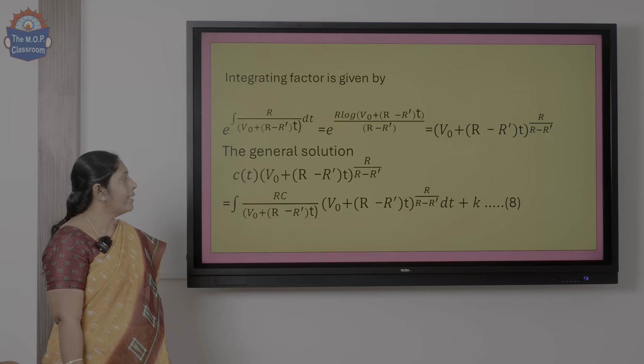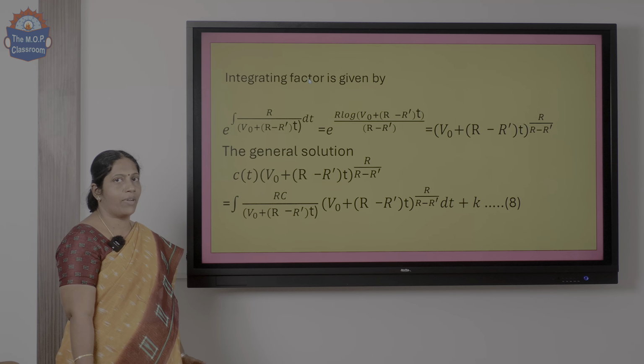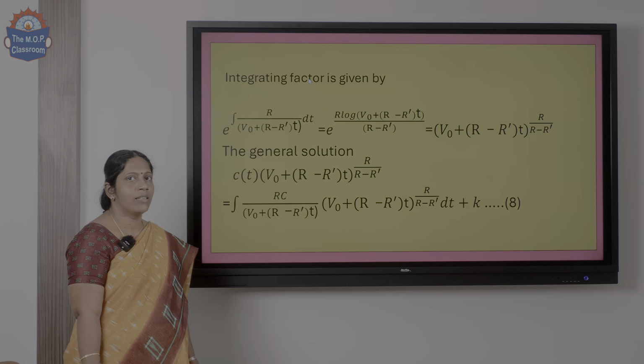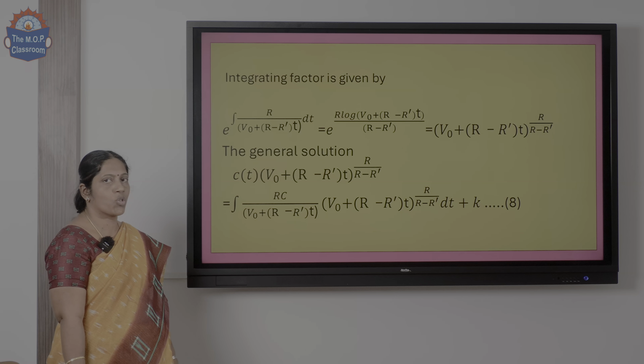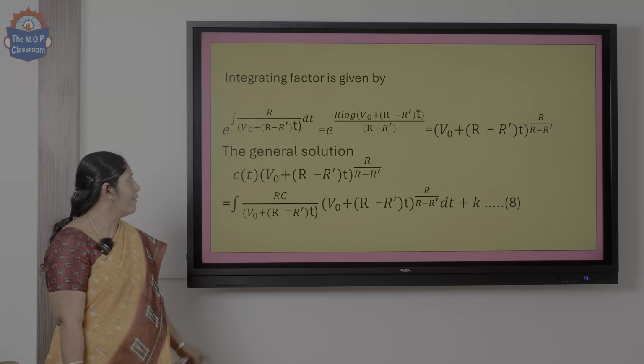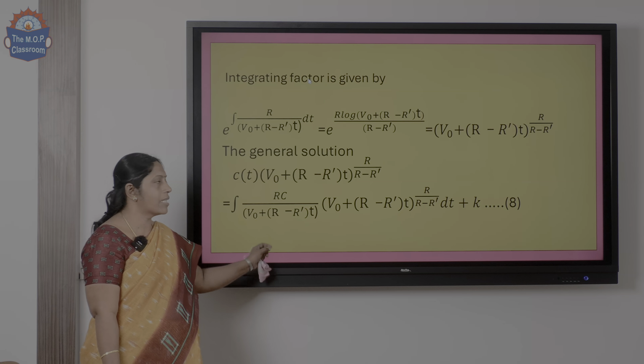Now, we write the general solution. So, the general solution is given by C of t into integrating factor is equal to integration of RC by V naught plus R minus R dash t, which is a term in the right hand side of our differential equation, into integrating factor plus the constant k. So, here too we need to find out the value of the constant k to make the solution complete.